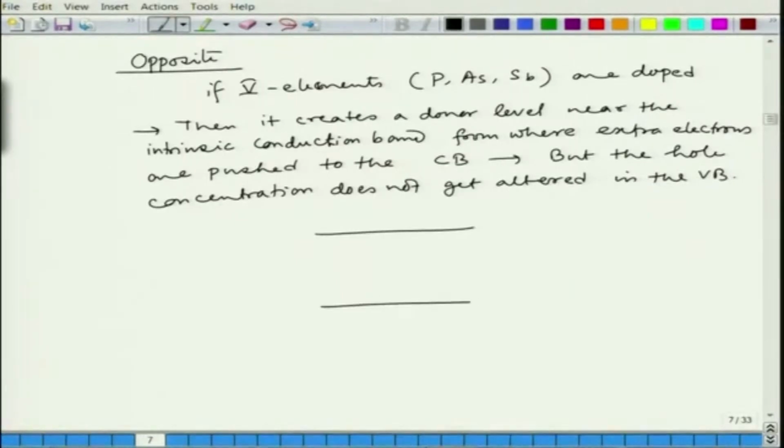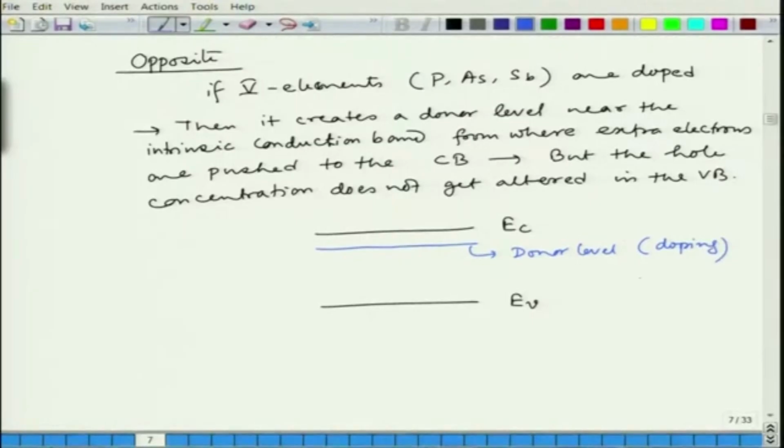So, exactly opposite thing happens. Here you have this intrinsic conduction level and valence level. Okay. Now, what it does, this introduces a level, some mezzanine level you can think of, close to the conduction band, which is called the donor level, and this is introduced due to doping.